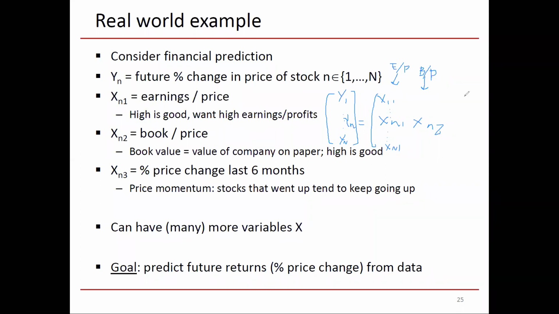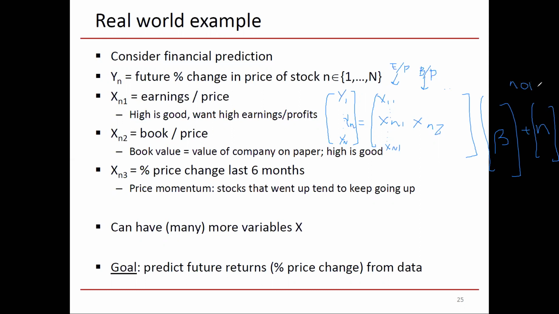And so overall, we're going to have an X vector multiplied by a beta vector plus noise, an N vector of noise.